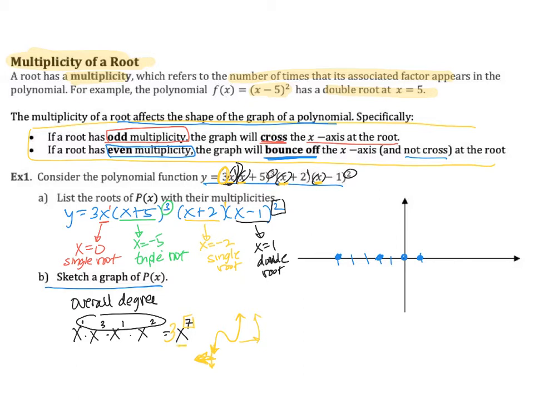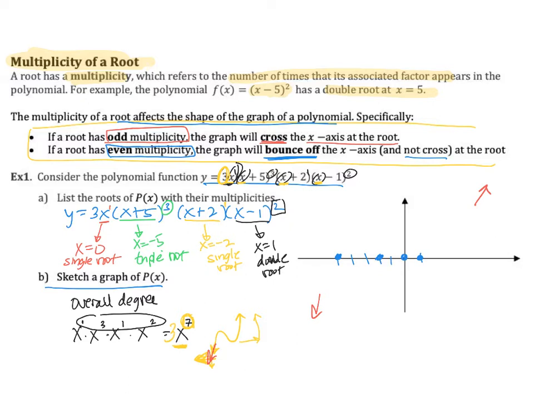A negative number to an odd exponent is going to become negative, and a positive number to an odd exponent is going to stay positive. We'll talk about end behavior in our next one, but what do we have then? Our graph is going to end down over here and end up over here, because it's an odd exponent.